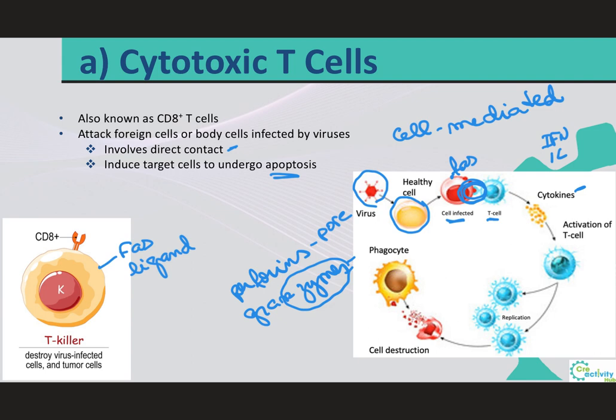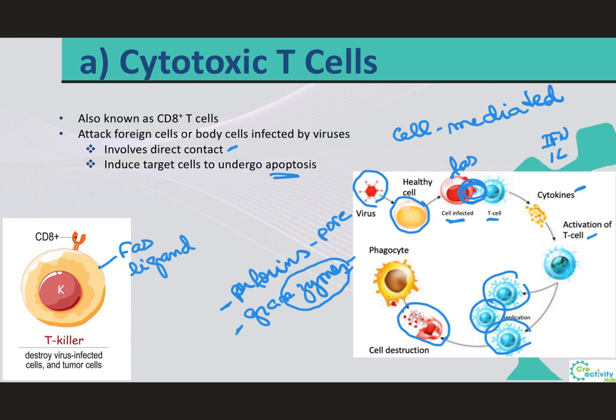This will in turn activate the replication of more of these cytotoxic T cells. And these new T cells will, like I said earlier, bind to the target cells and release certain chemicals like perforin and granzymes that will lead to the apoptosis of the target cell, and therefore elimination of the virus inside of our body.